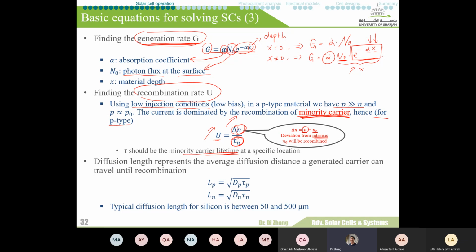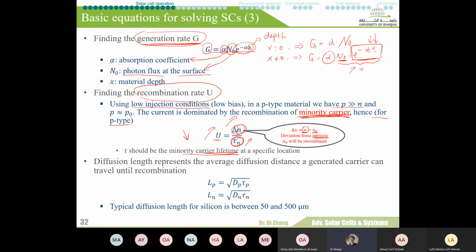So the longer the lifetime, the slower your recombination becomes, because it typically takes longer for the recombination to happen. So the recombination will be very slow. That is something you can see here for the recombination rate, and it's related to things we mentioned before.